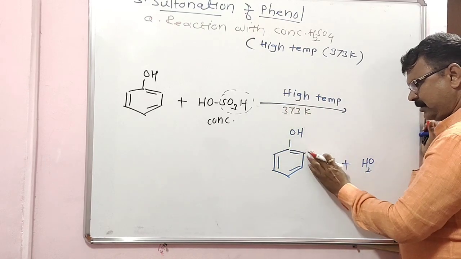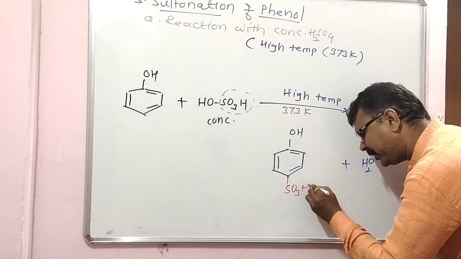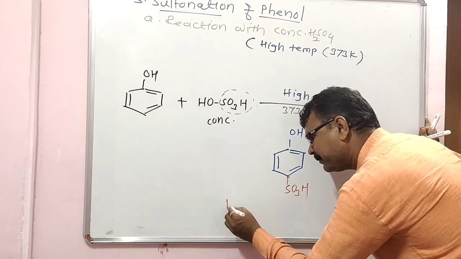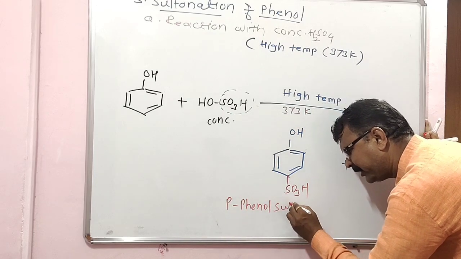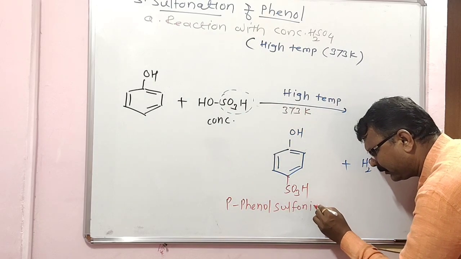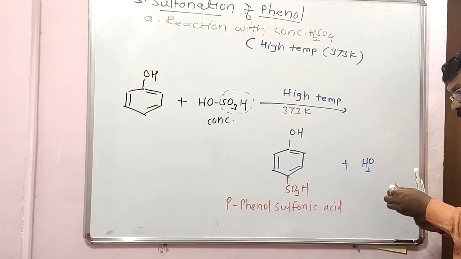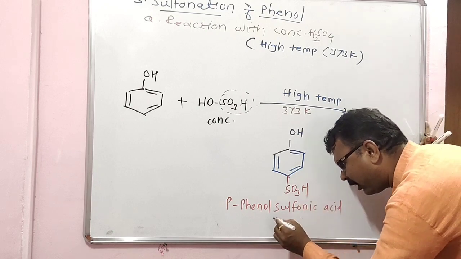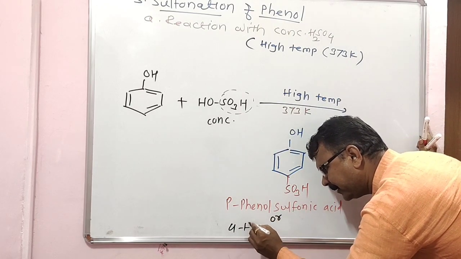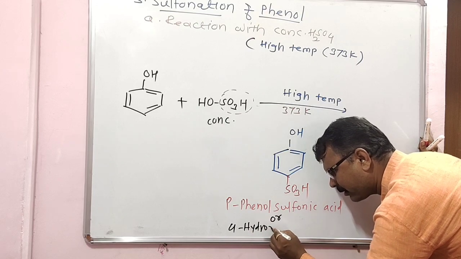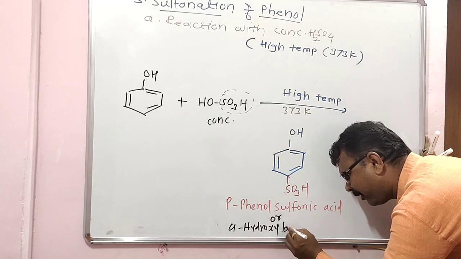It gives a product like this, with SO3H. The name of the compound is paraphenol sulfonic acid, or IUPAC name 4-hydroxybenzene sulfonic acid.